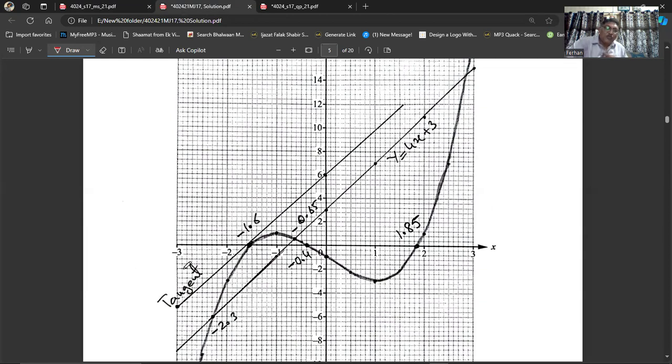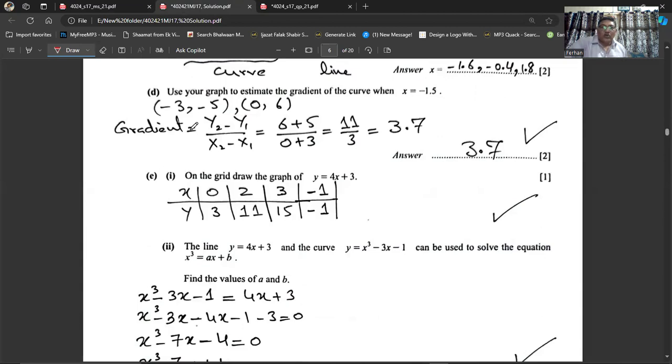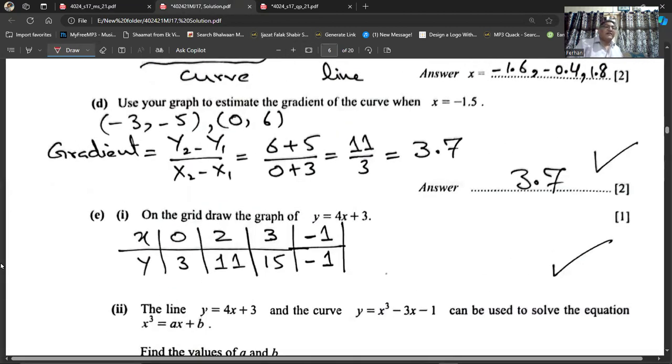Then I will take 2 points on this tangent. One point I have taken has coordinates minus 3 comma minus 5. The other point has coordinates 0 comma 6.